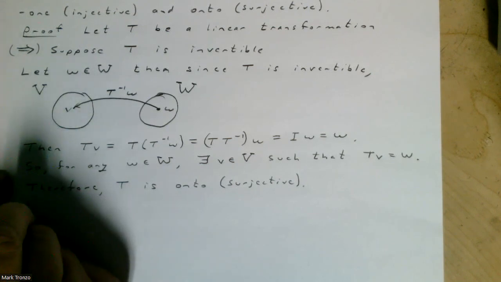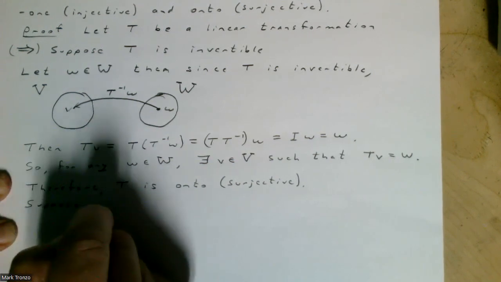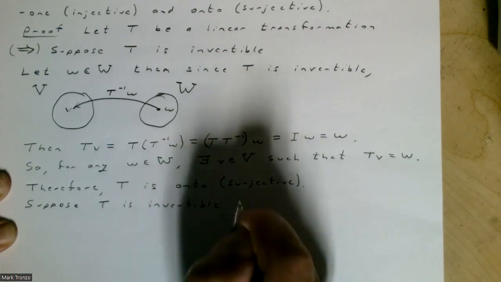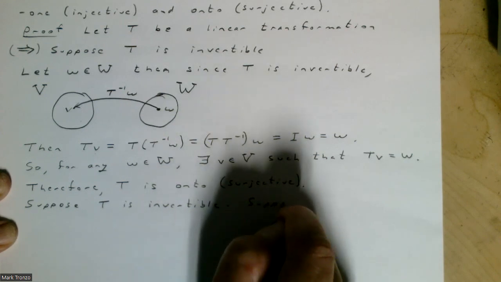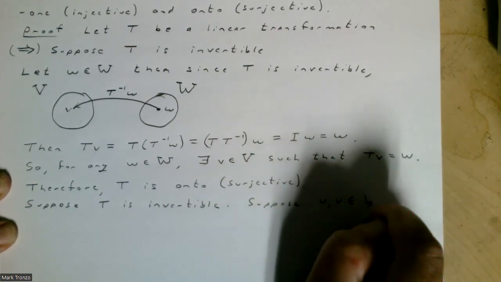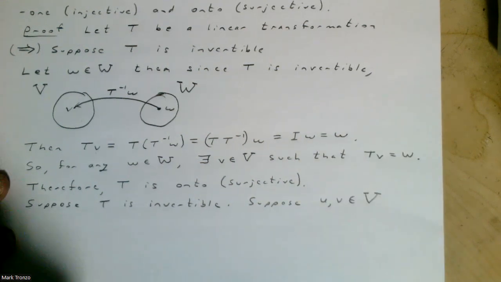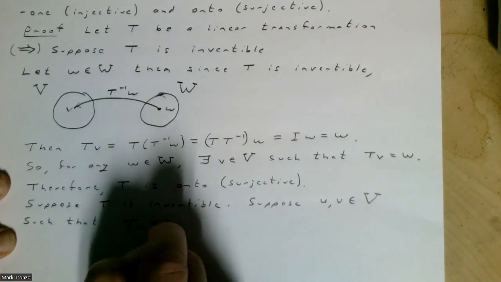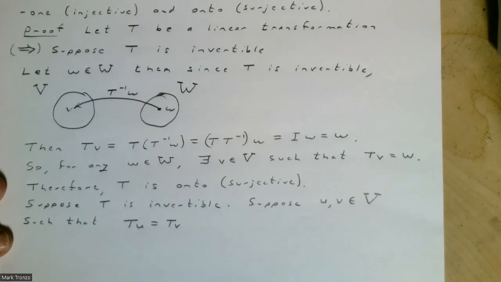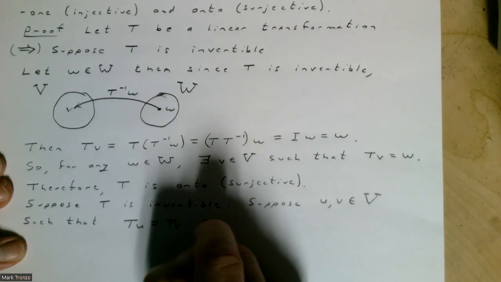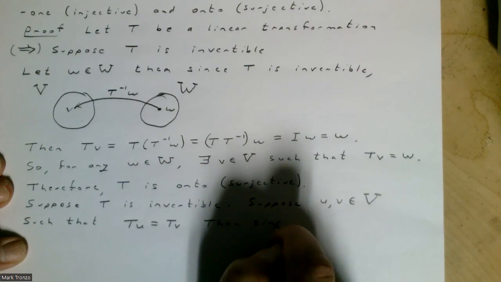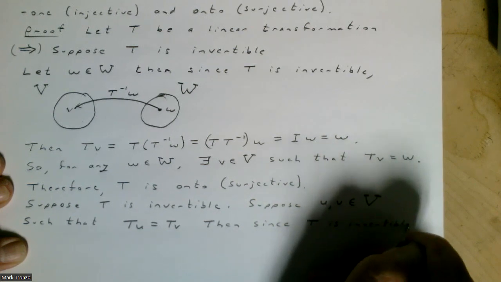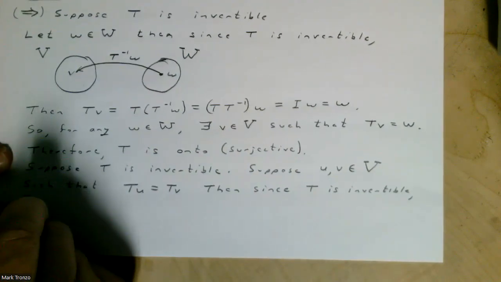So once again, suppose T is invertible. And suppose U and V are in the space V such that T U equals T V. Then, since T is invertible, there exists a T inverse.